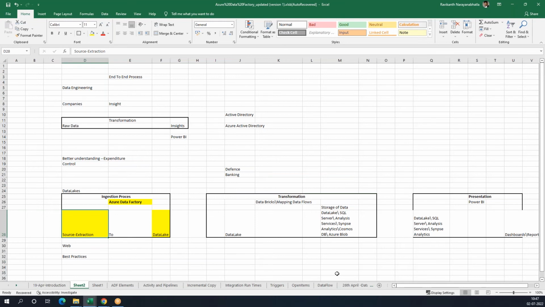That scenario can be anything, but we will discuss one particular scenario, like extracting from a blob itself, or maybe any one source.